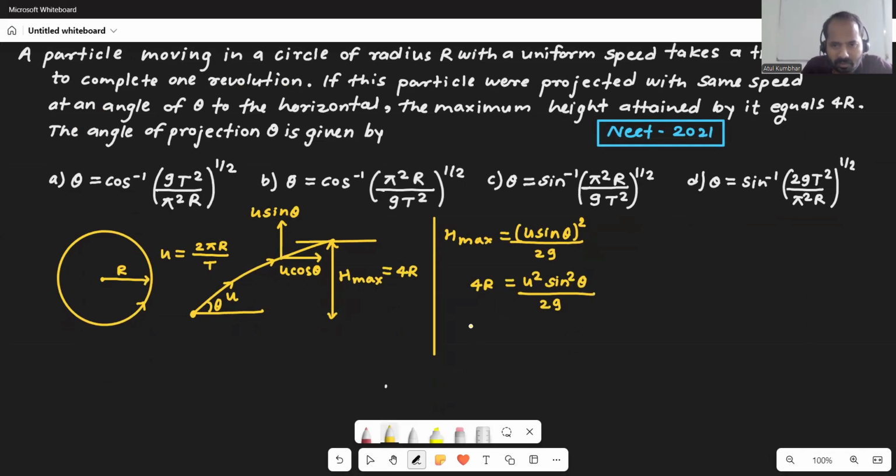Okay, so 4r, let's take that 2 to the other side. You'll get 8gr. Then u is 2 pi r, so squared that will be 4 pi square r square divided by t square, into sine square theta, right? So your equation will be sine square theta equal to, as we want to find theta, 8gr t square divided by 4 pi square r square.